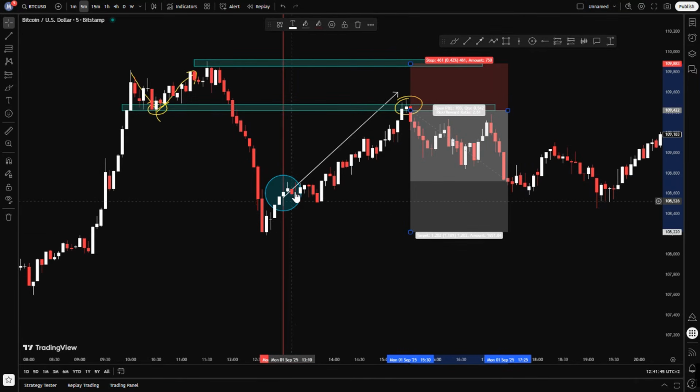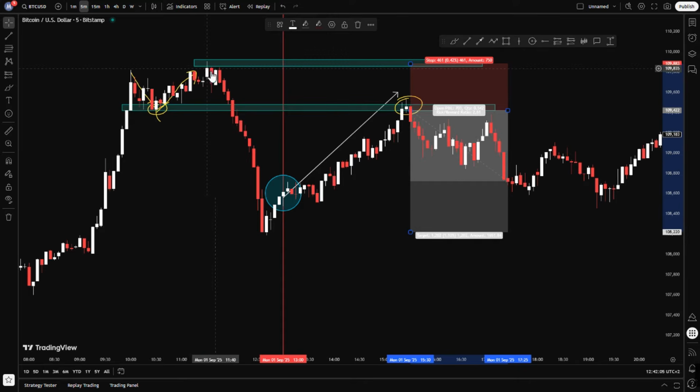Remember that from 1 p.m. we see that this is a bullish move going to the upside. So in our heads, we already know that we are going to look for selling opportunities, okay? After that, that's when we start to look for our entry reasons. We look for our resistance zone.